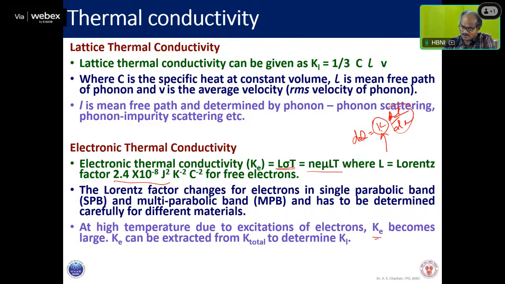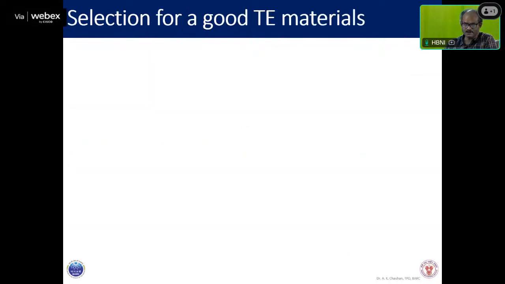From that total thermal conductivity, the electronic contribution which has been calculated here can be deducted, and then you can find out the lattice contribution. So KL you can find out this way.